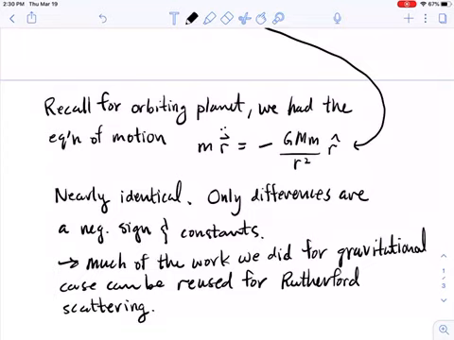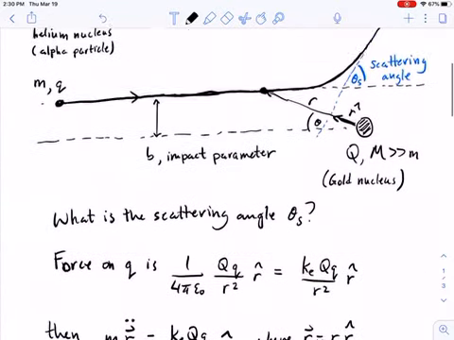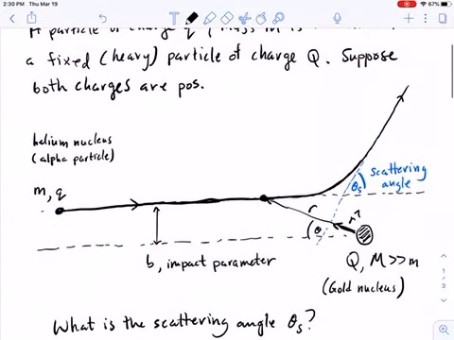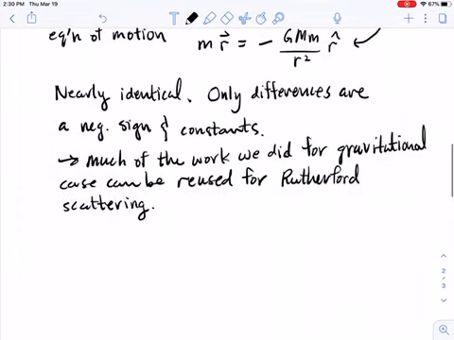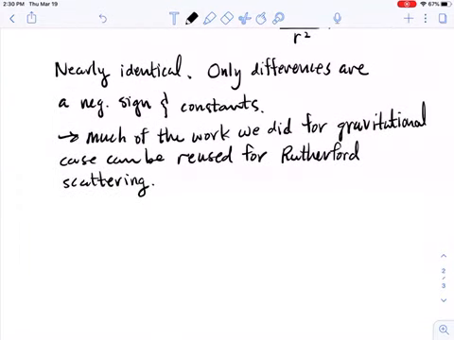And now we're going to use the same analysis that we had for that problem, and we're going to apply it to the scattering of elementary particles, or an alpha, like interaction between nuclei. So now we're going from astronomical scales down to some of the smallest scales that we could imagine.